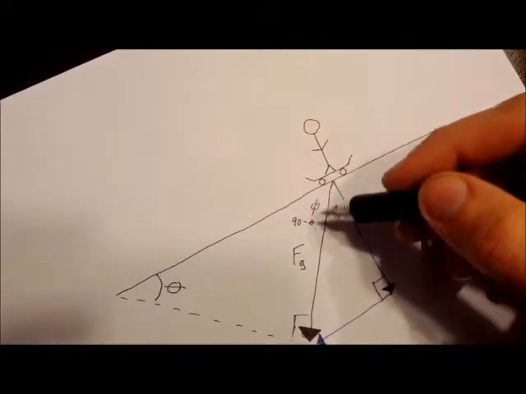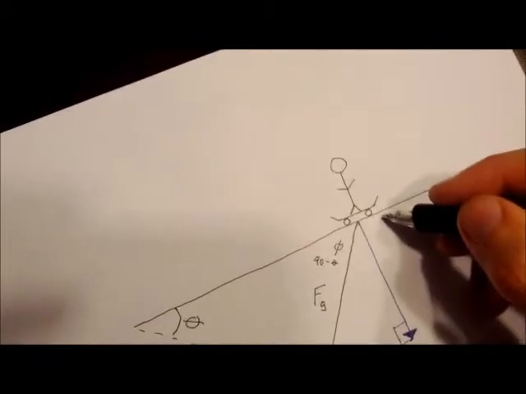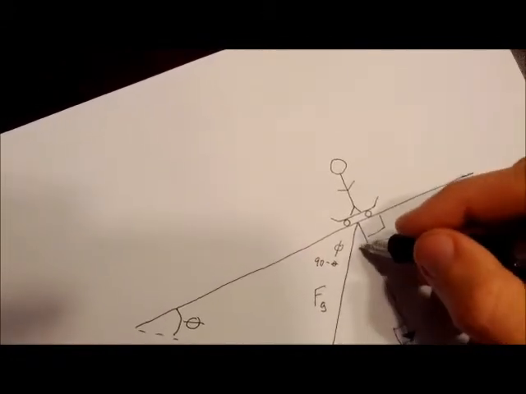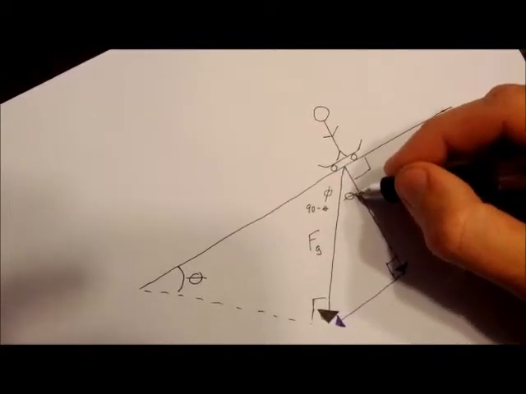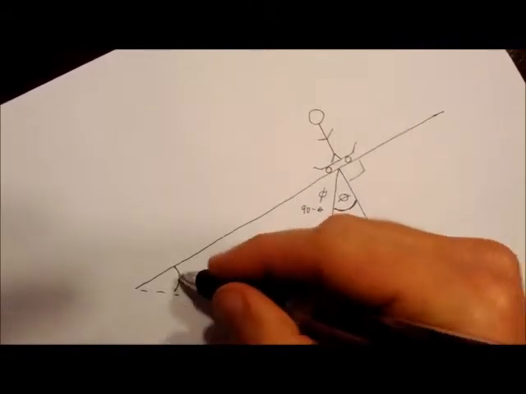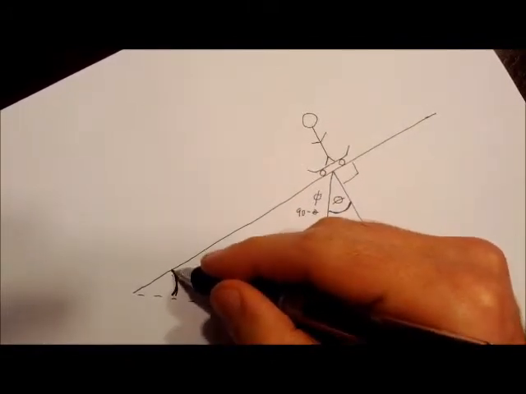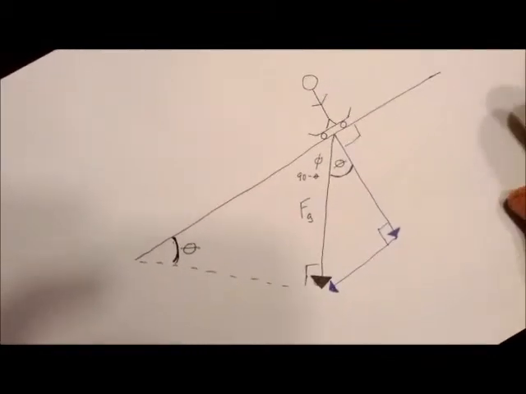Now, if this is 90 minus theta, and this angle here is 90 degrees, the interior angle here actually becomes theta. Thus, this angle is the same as this angle. If you don't believe me, ask your geometry teacher.